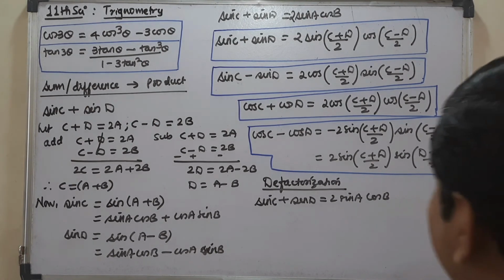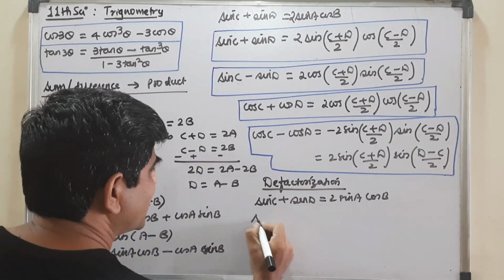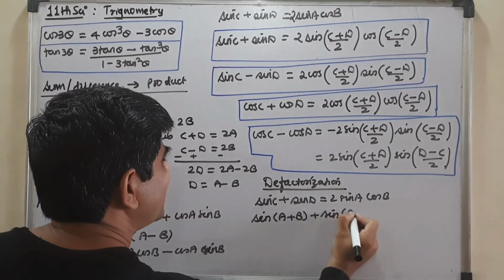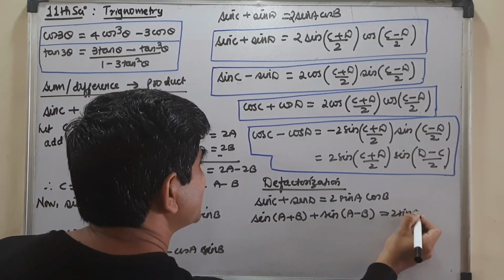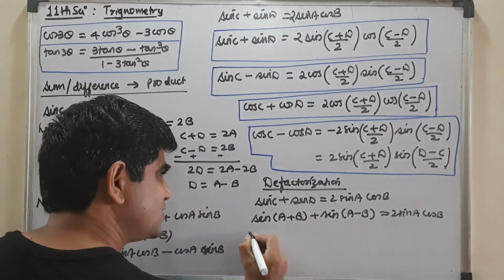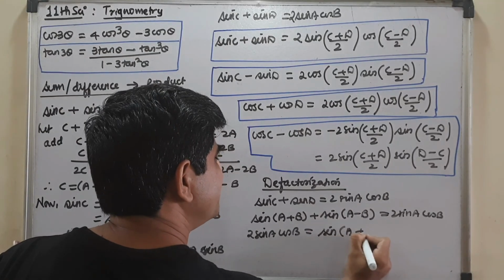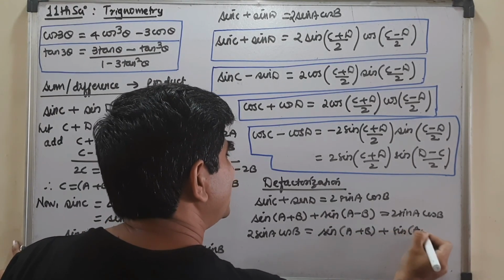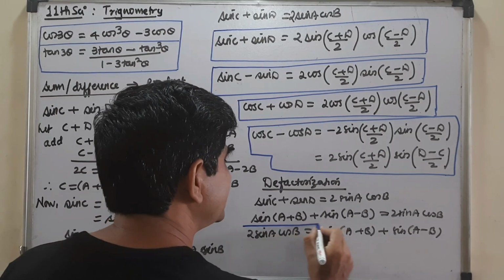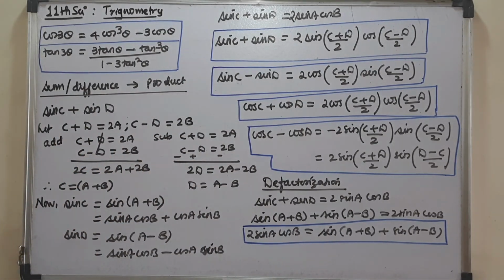So this C which is there, you write in terms of A: C is A plus B, so it is sin of A plus B, and D is sin of A minus B, equal to 2 sin A cos B. So you get your first defactorization formula as 2 sin A cos B is equal to sin of A plus B plus sin of A minus B. You saw the multiplication has got converted in the form of addition, and will also further get in the form of subtraction, right?